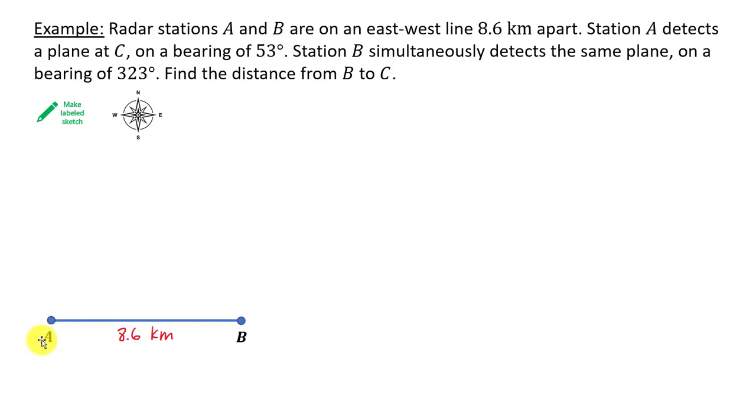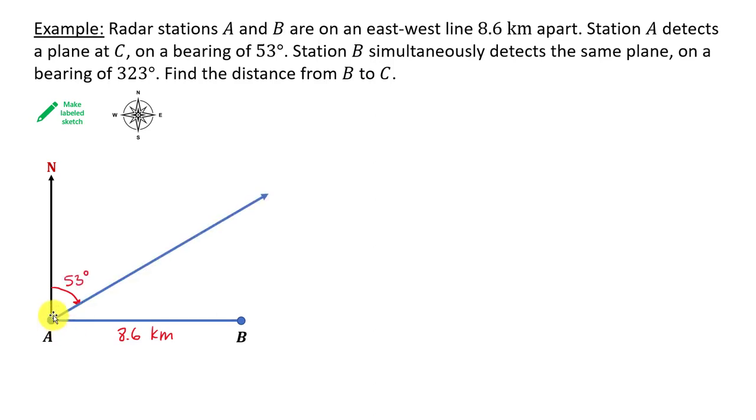Here's station A, and the question is, in which direction is it detecting a plane? Well, let's use what we learned about bearing. We have to start with the north vector and rotate clockwise 53 degrees. So I'm rotating 53 degrees.